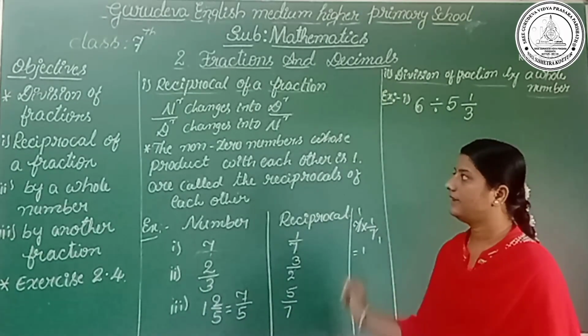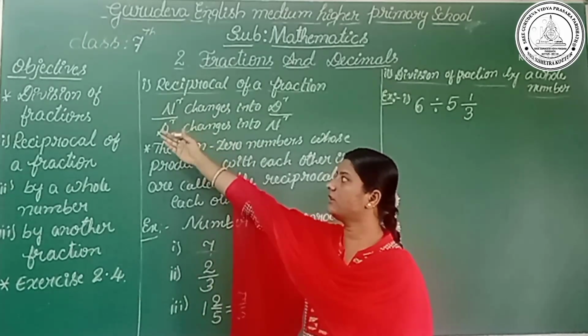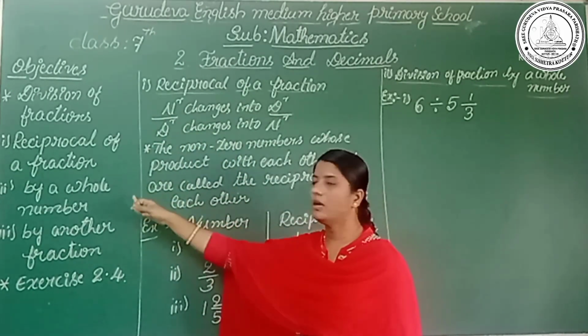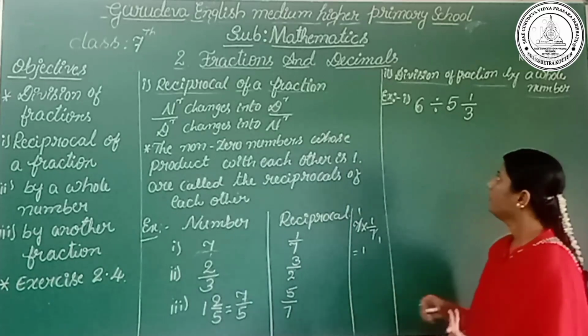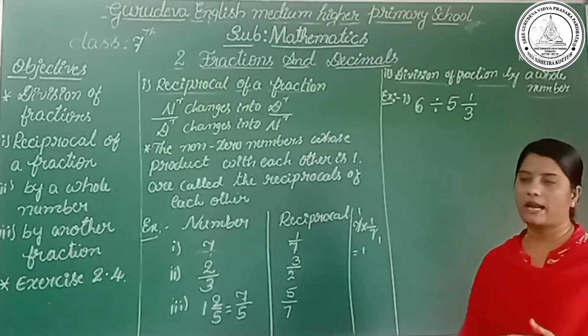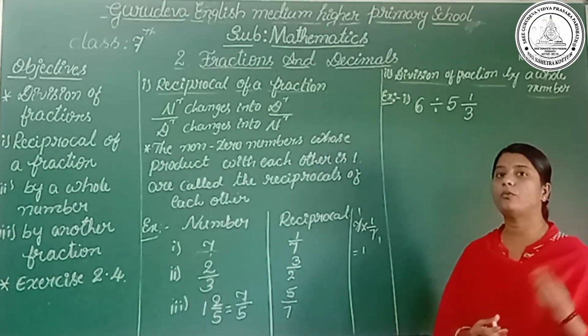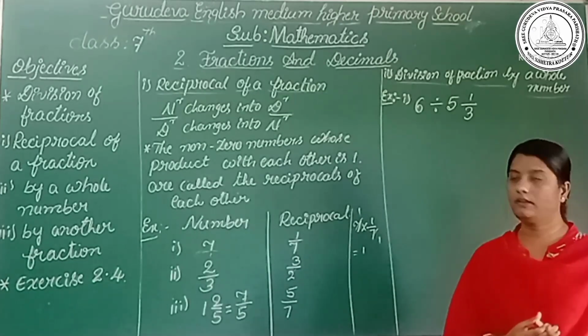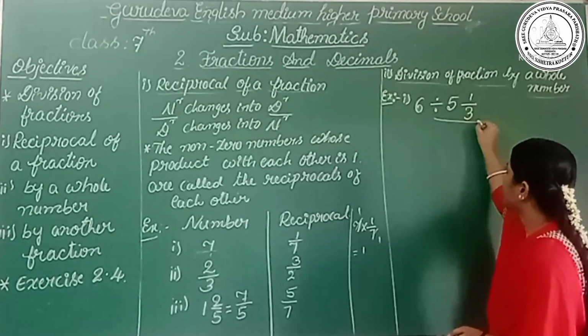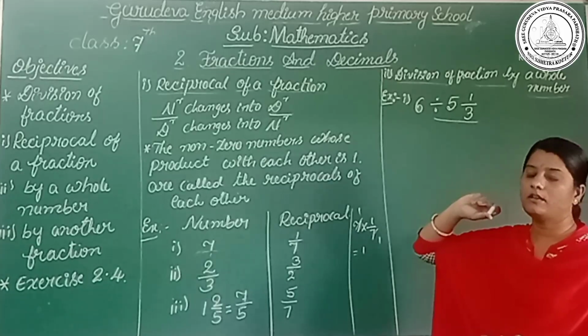Okay, then let's see here the division of fractions by a whole number. While we are dividing the fraction by a whole number, we have to take the reciprocal of the divisor.